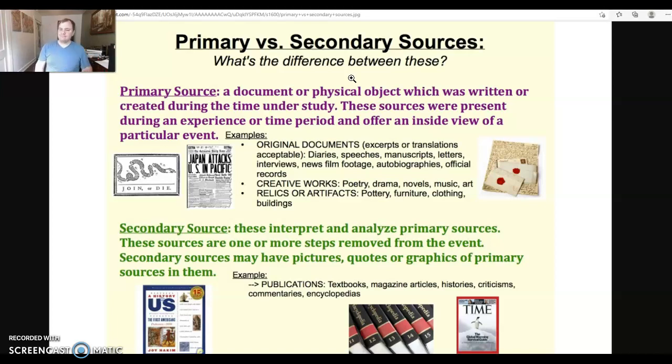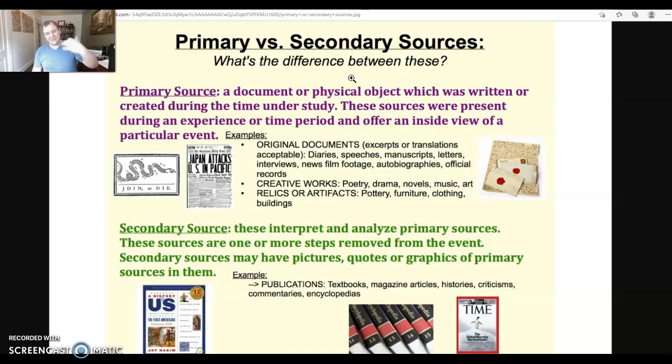So you have stuff like translations, excerpts, diaries, transcriptions of speeches, letters, interviews, newscasts, news articles, or newspapers, all sorts of different things, autobiographies, first-hand accounts. All these sorts of things are primary sources.